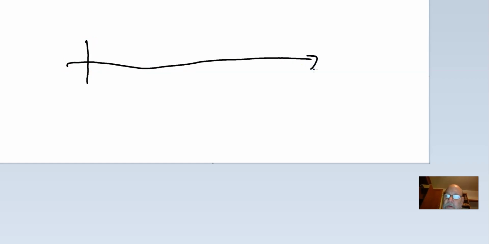For this first one, I've said illustrate the placing of an initial position of 2 and a final position of 7 on our frame of reference in the x direction. My frame of reference in the x direction is always going to look like this, where I've got an origin at 0, and I'm going to show the positive x direction like this, plus x.